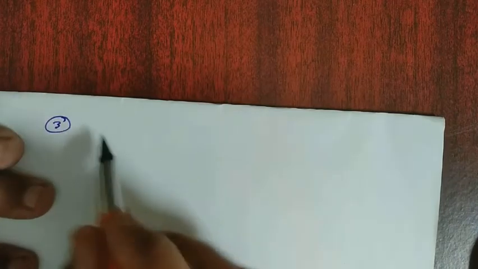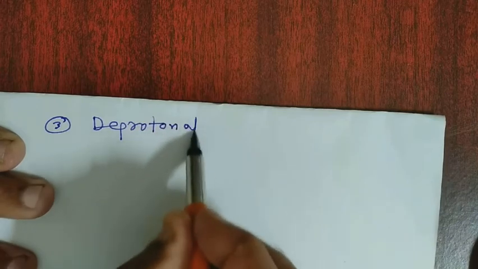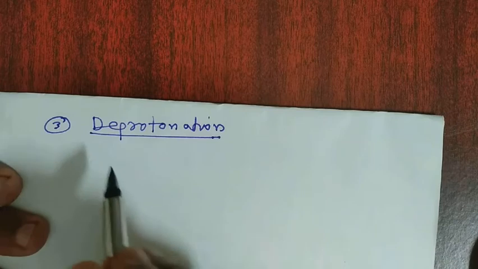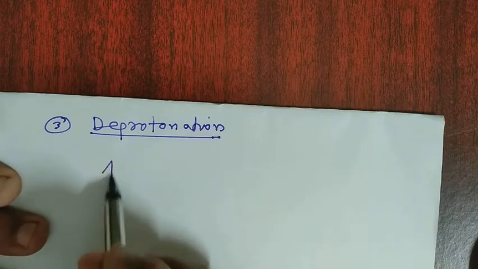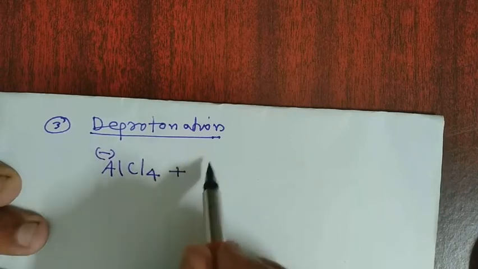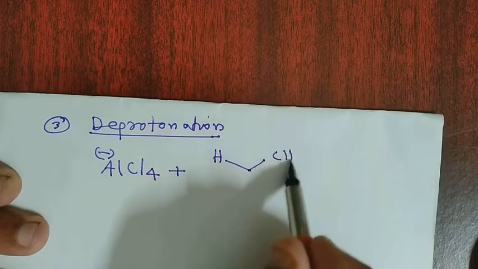Step 3 is deprotonation. In this step, sigma complex loses H plus ion to form final product toluene.